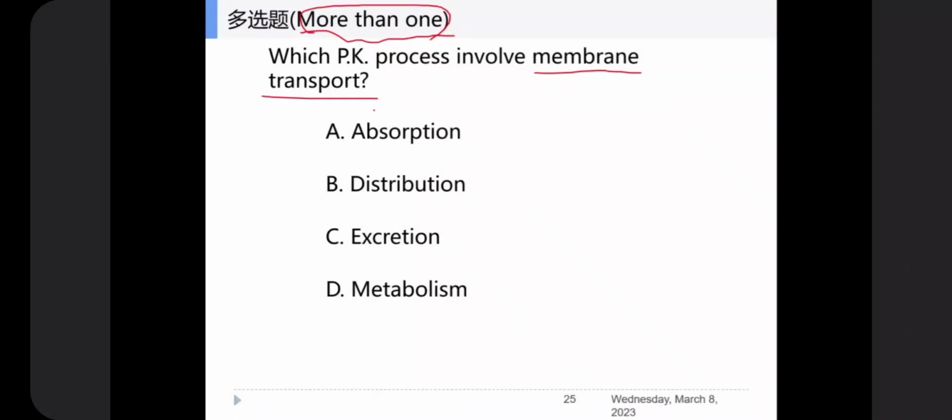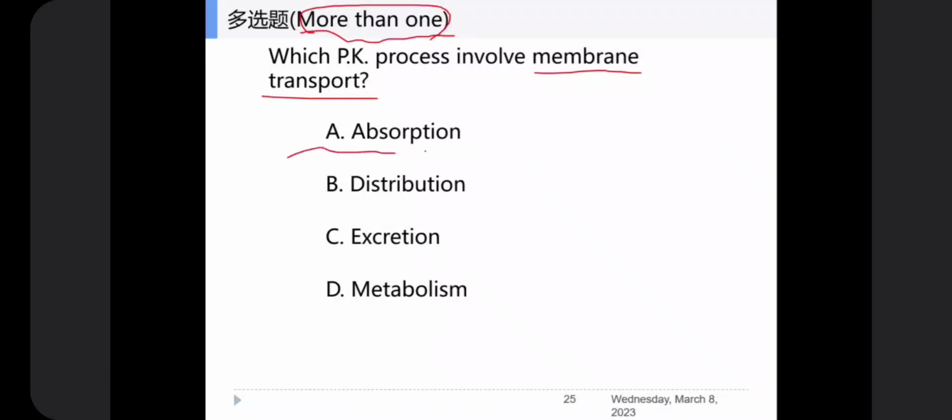Okay, give me the answer. Which one involves membrane transport? Okay, I give you the answer. That is all.